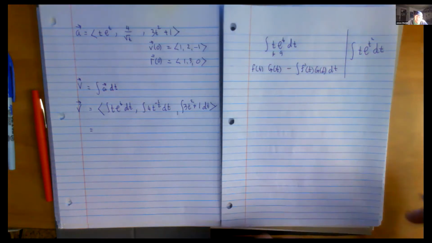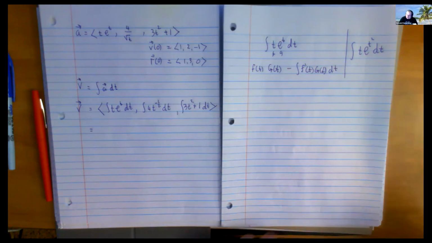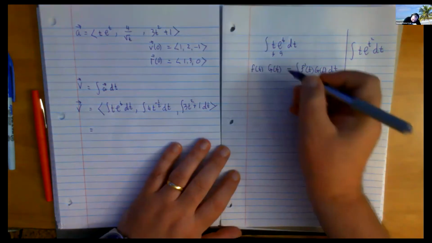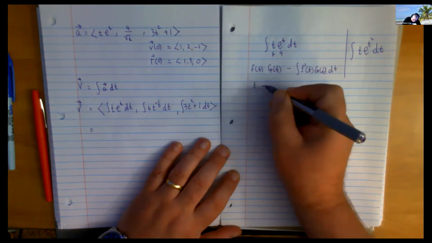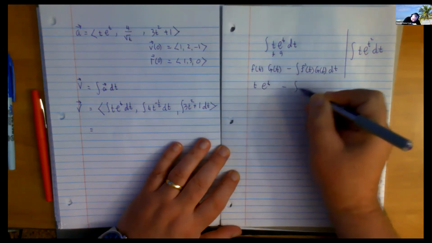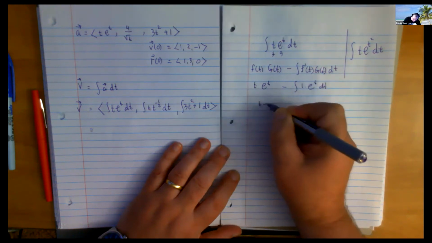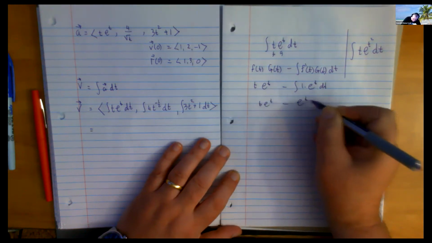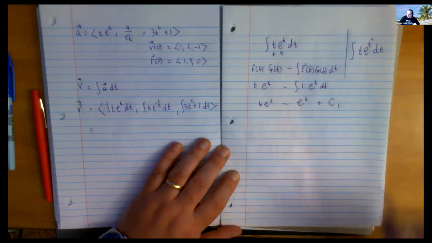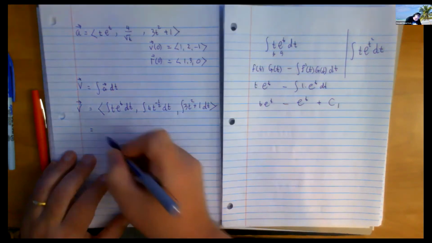That is a good one. So for the UDV people, in this case, it's going to be t e to the t, take away the integral of 1 times e to the t. So that gets me t e to the t, take away e to the t, plus some unknown arbitrary constant that we'll call C1.